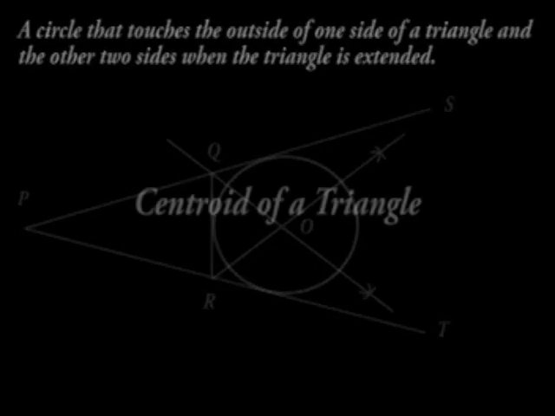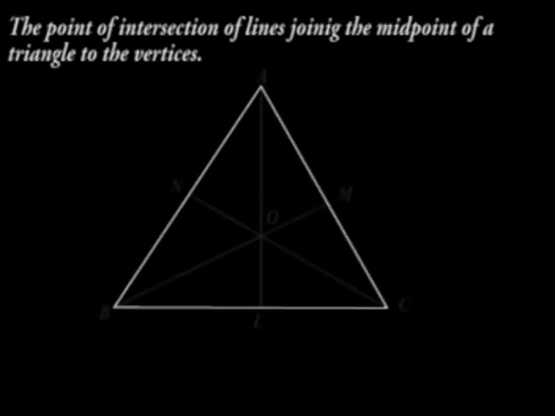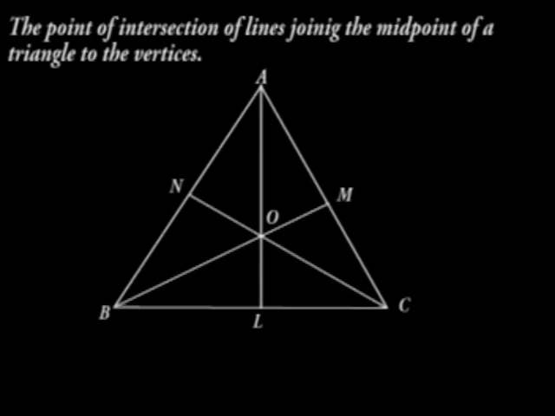A quick look at the centroid of a triangle. A centroid is the point of intersection of lines joining the midpoints of the sides of a triangle to the opposite vertices. To construct, simply join the midpoints of the sides of a triangle to the opposite vertices. This is illustrated below, and O is the centroid of triangle ABC.